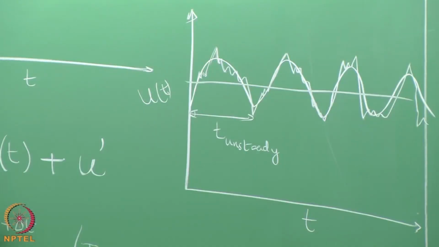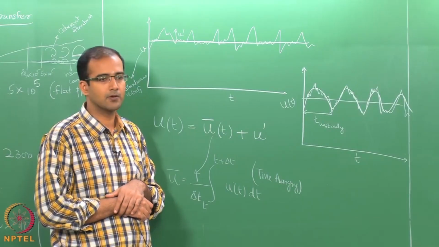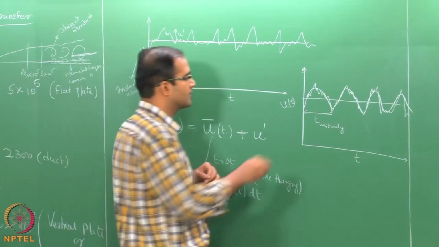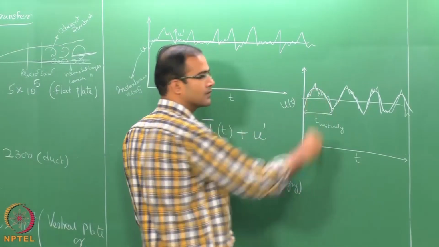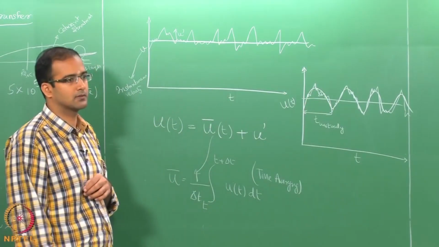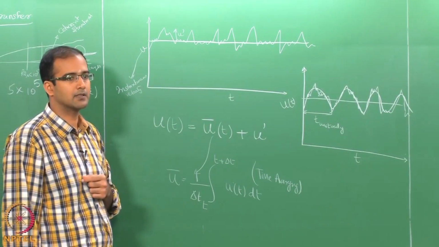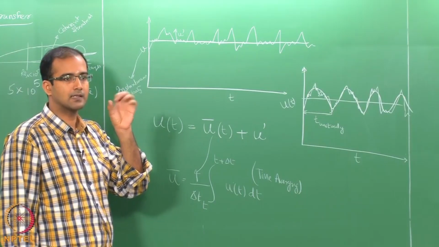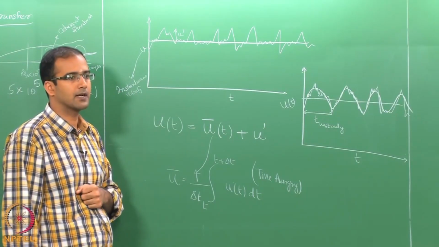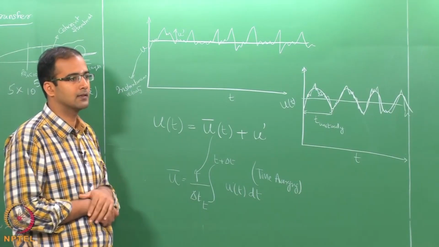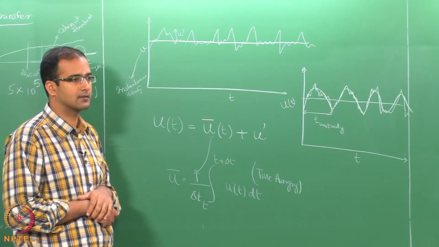So, it has to be smaller than the waviness time scale, but it should be larger than the fluctuating time scale. These are the time scales of fluctuation which you want to smooth out. So, in order to smoothen the fluctuations, you need to apply a filter which is larger than the fluctuating time scale, but smaller than the time scale of the unsteadiness.